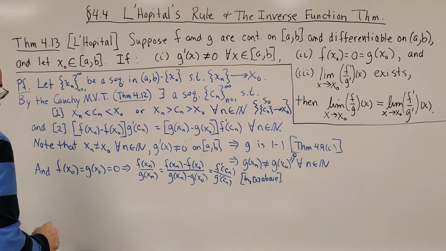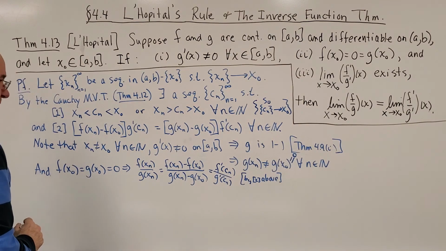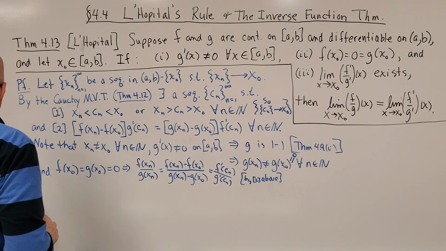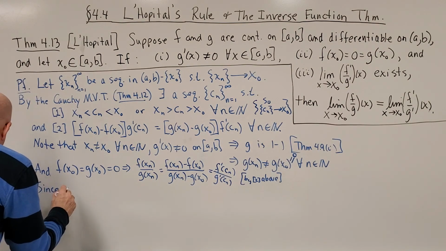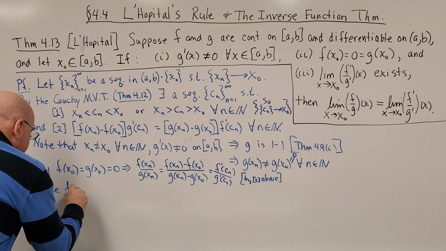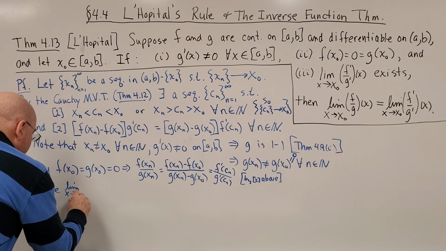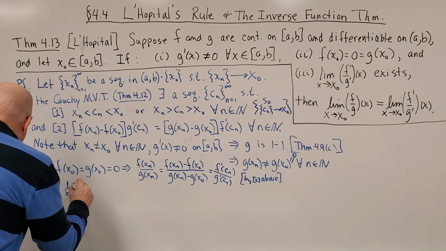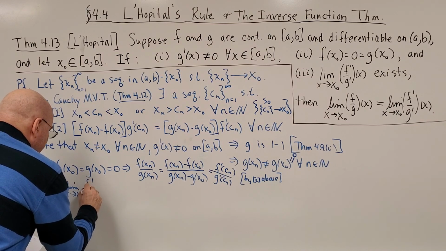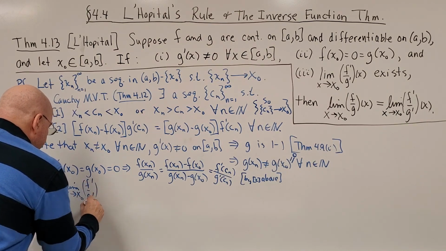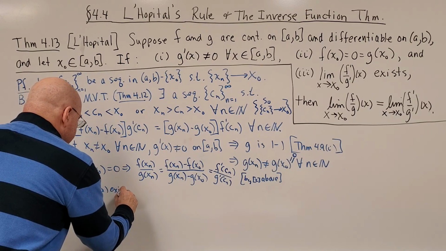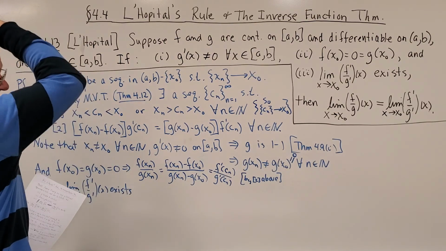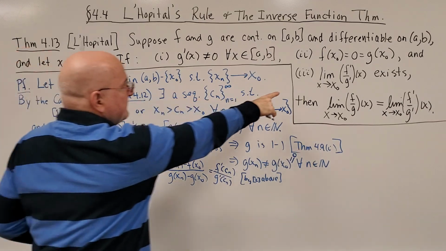All right, a couple more sentences, 2 more lines, I think. Hopefully I won't run out of room. Since the limit as x goes to x naught of f prime over g prime of x exists, that's by the hypothesis here. This limit does exist.